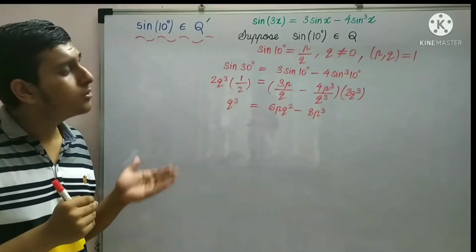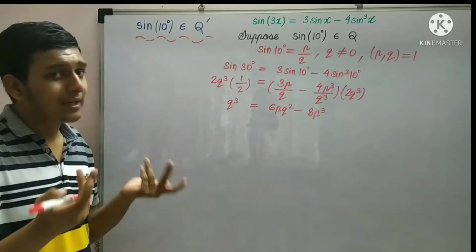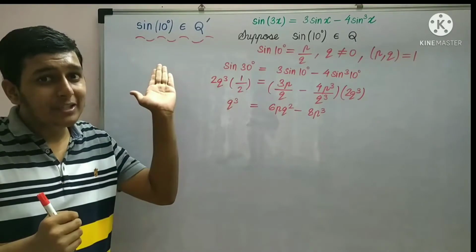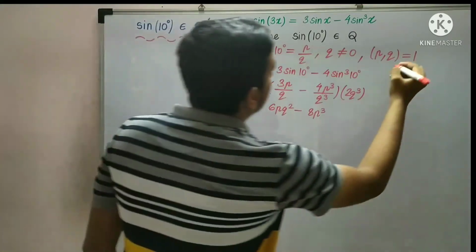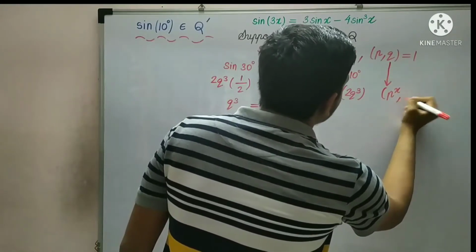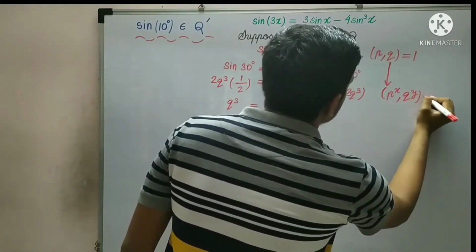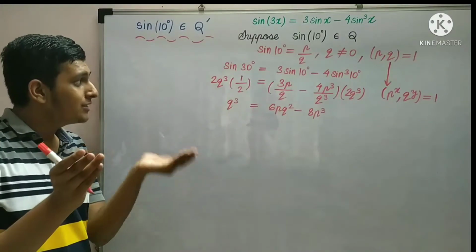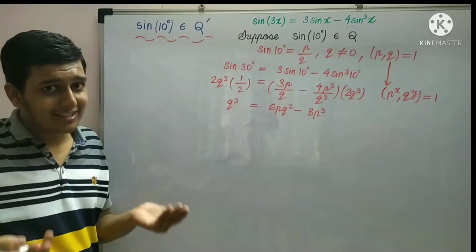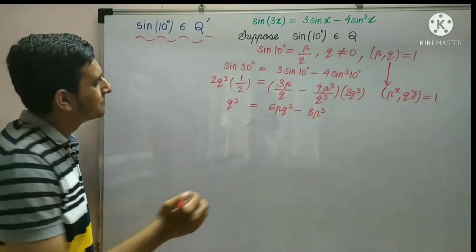In the last video, we proved a property regarding coprime integers. It is as follows. If p and q are coprime integers, p raised to x and q raised to y follow the same path. Because the LHS is q cubed, it is a multiple of q.